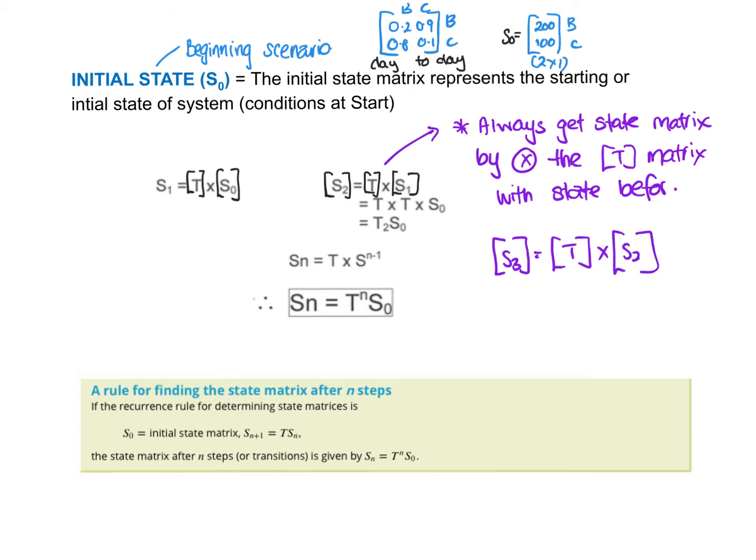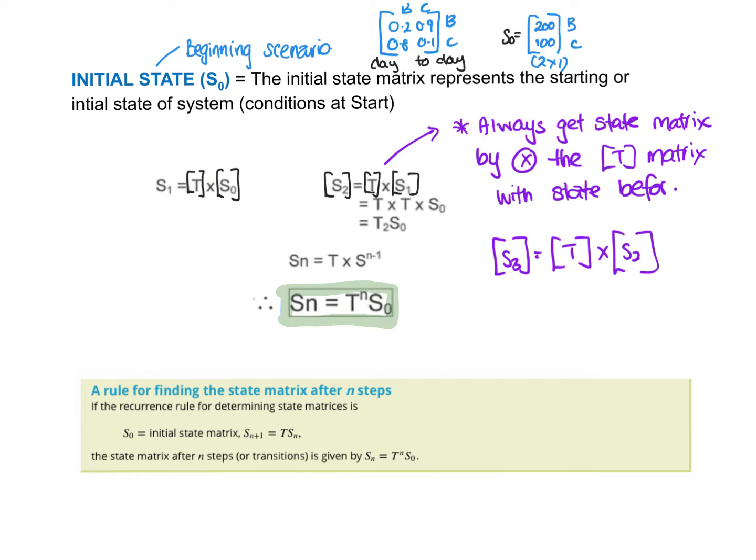S2, okay? So we can do it state by state, and this could take a while, because what if this was day to day and I said, I want to find day 30? That's going to take forever to get there. So we can use this rule here to find any state as long as you've got the very first one.